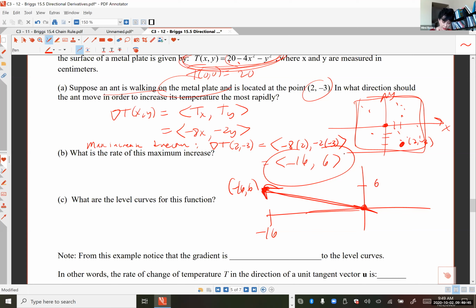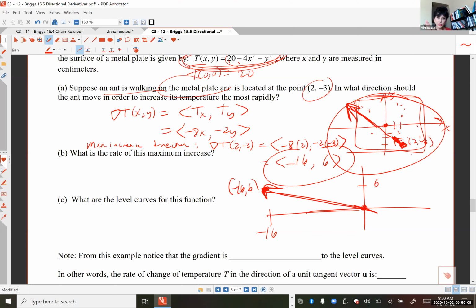It actually should point a little bit more up, not drawn to scale. I claim that that vector, if I drew it on this hot metal plate, is telling the ant to go in this direction in order to heat himself up. Because let's say he's cold and he wants to get hotter. Go in that direction, ant, and you'll get hotter.